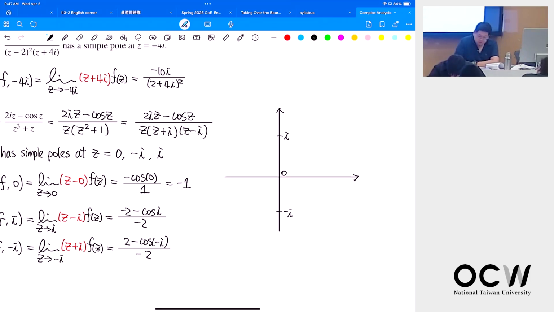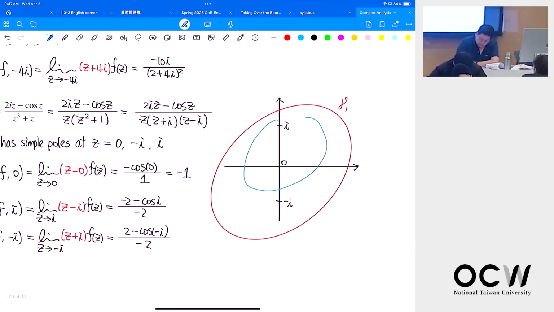I want to do the circular integration, and I have two different curves. This is gamma 1. Why do we have only two curves? We can have 3, 4, 5. Well, I'm doing the circular integration, and it depends on my curve. So far I just have 2 curves. You can have more.